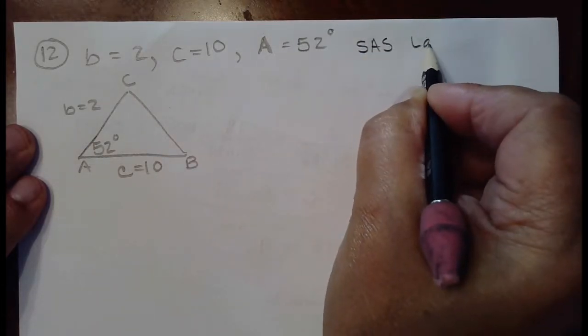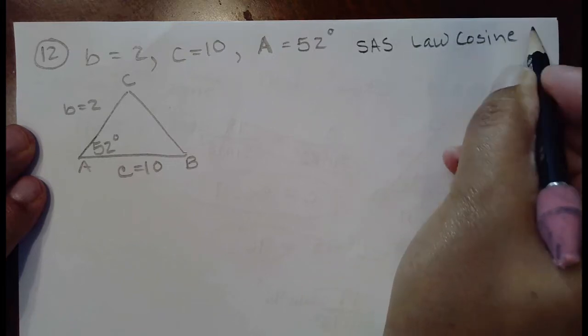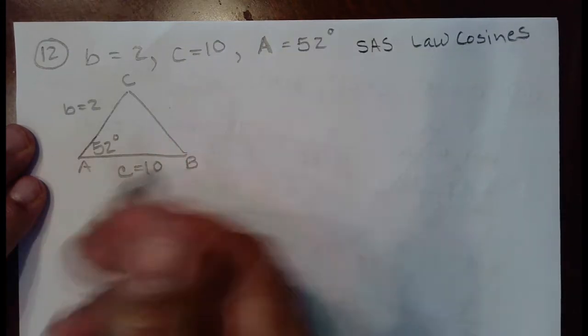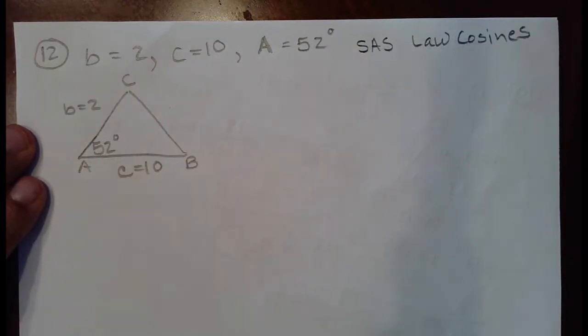Not that we're not going to jump into law of sines after we find the first answer, as you saw how I did every problem leading up to number 9 before we began making a decision. You're always making a decision now. Again, if you don't have a complete pair, an angle and a side across from it, you're not starting with law of sines, you're starting with law of cosines.